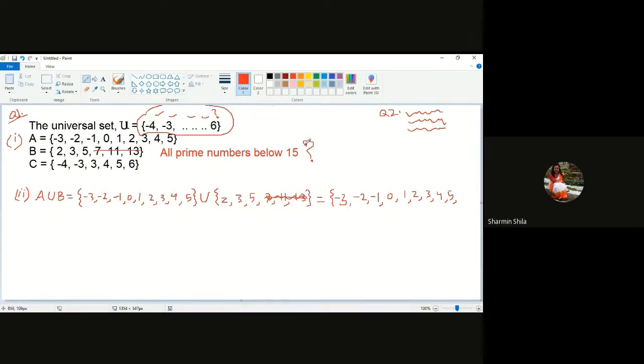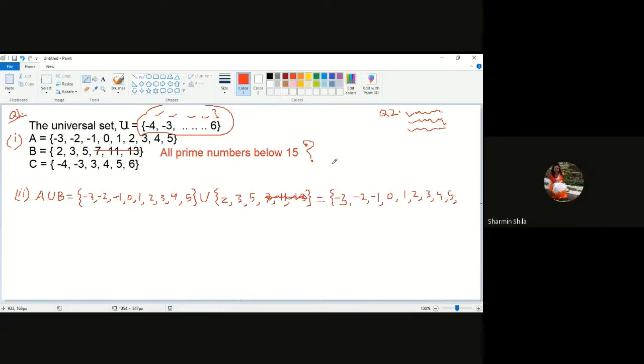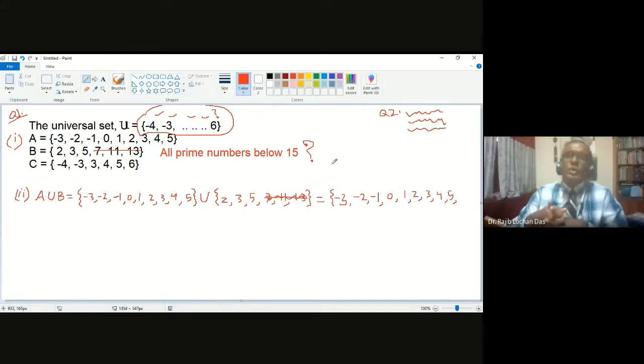Someone was saying below 7 can be written, but sir, you told me that question number 3 has a universal set up to 6. No, actually not.